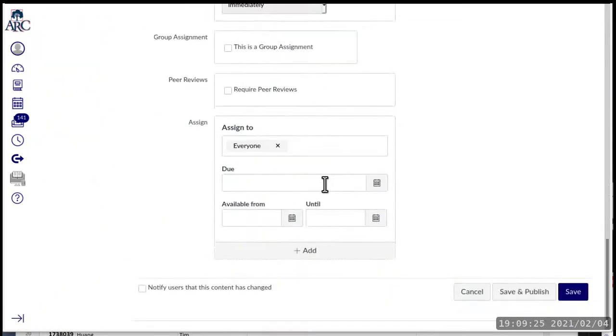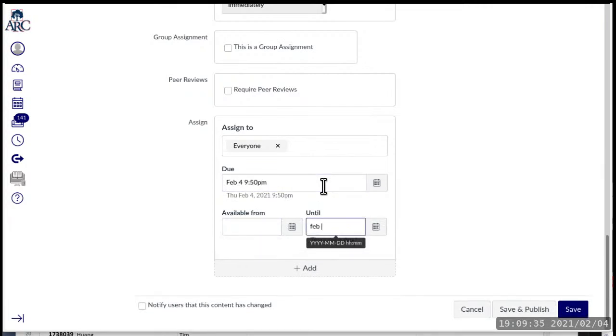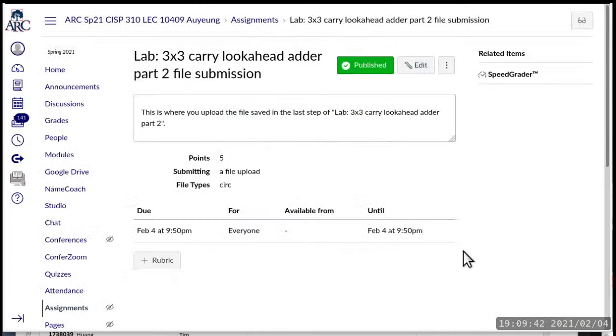I'll have the same due date for this one, FEB4 9:50 p.m. Click save and publish. There we go. So we have a separate assignment to collect the file that you would have created by the end of tonight's lab. That should answer the question of where to submit the file. Good question. I almost forgot about that.